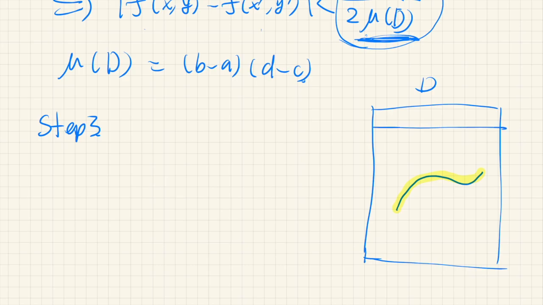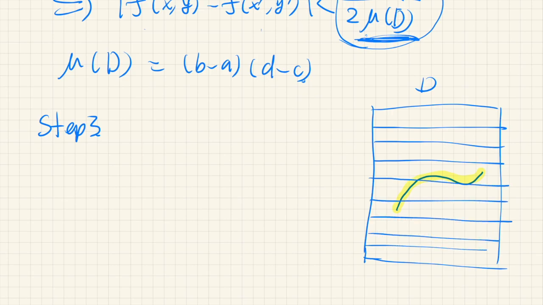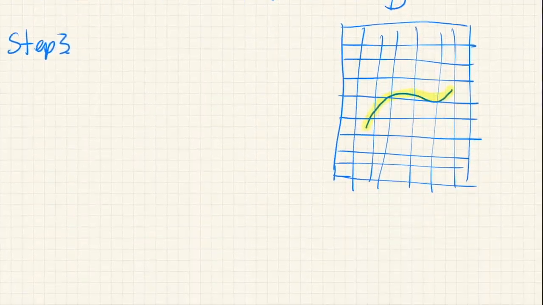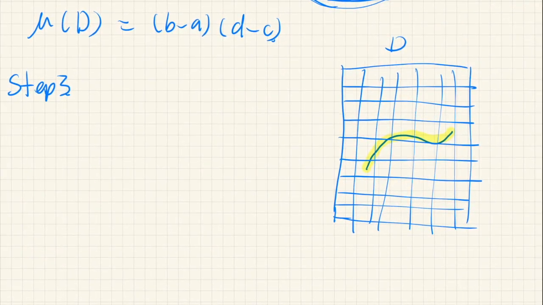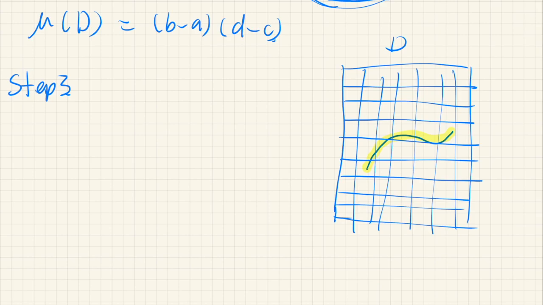We consider a partition that is sufficiently fine in the following sense. This partition is labeled by i and j, so this is D_ij, where i is in this direction and j is in this direction.